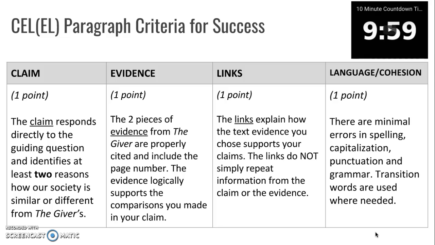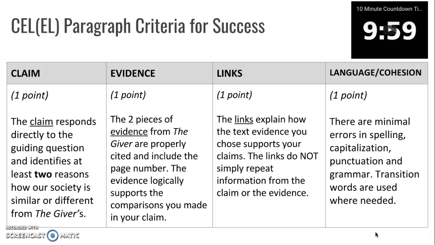This is the criteria for success for your paragraph. So you get 1 point for each of the following domains. So the claim should identify at least 2 reasons how our society is similar and different from the Giver's. You have to have 2 pieces of text evidence that are properly cited, including the page number, and the evidence should logically relate to your claim.